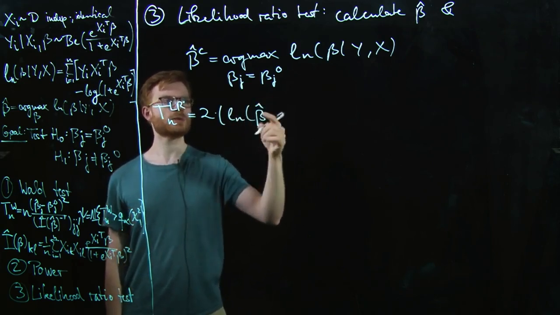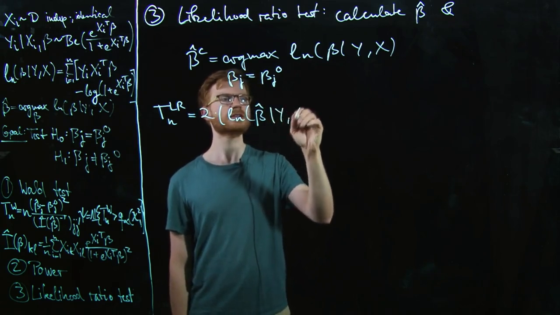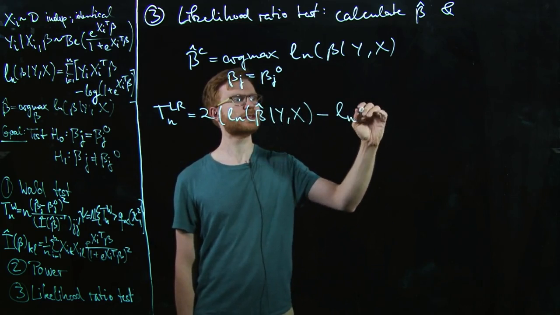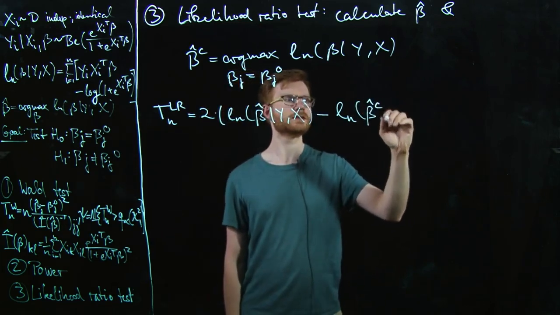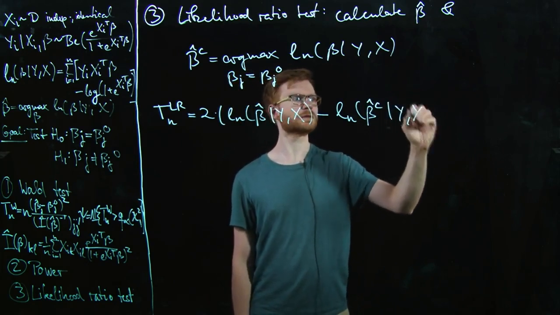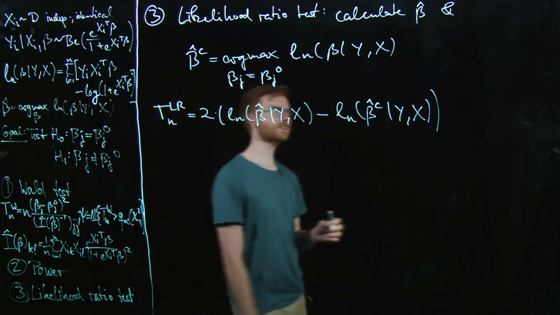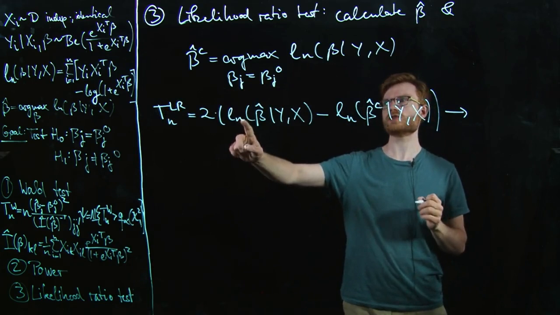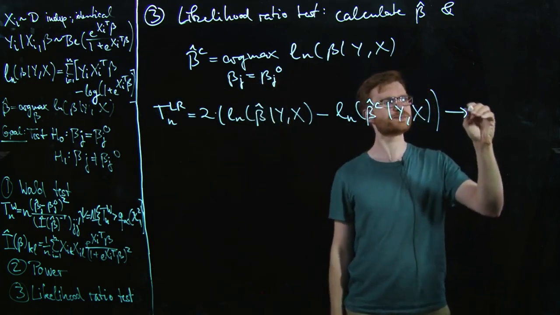And we plug in the maximizer into the likelihood, given our data, and we subtract off the likelihood for the restricted or the constrained estimator. Right, and you see that this thing should be larger because we are maximizing with fewer restrictions.